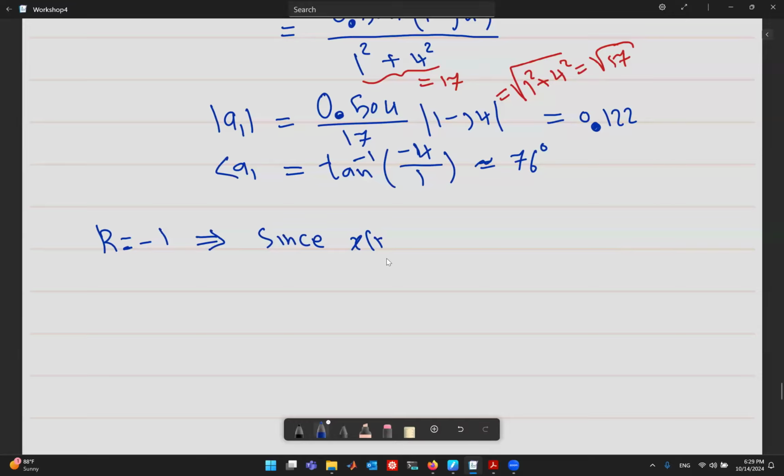Since x(t) is real, a_k will be the same as the conjugate of a_-k.